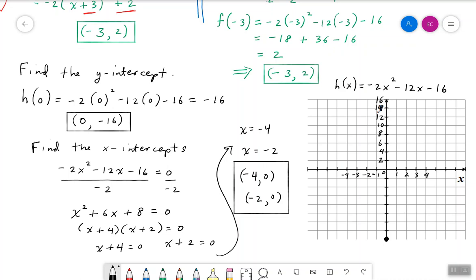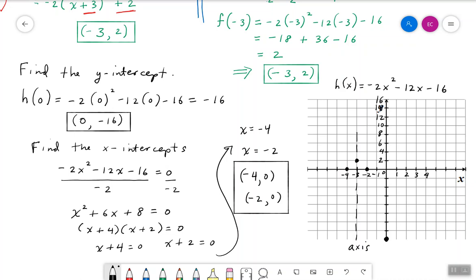Okay, so we need a vertex at negative 3, 2. And we need x-intercepts at negative 4, 0 and negative 2, 0. Let's go ahead and draw that axis of symmetry. Did you notice already that the graph was going to open down?